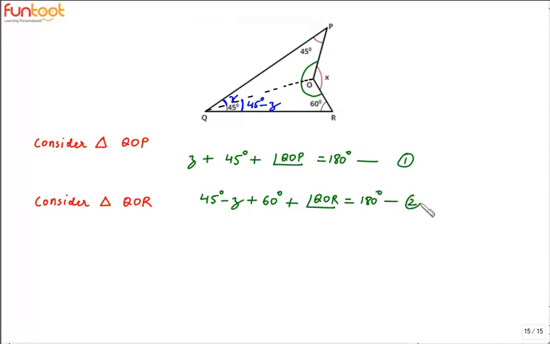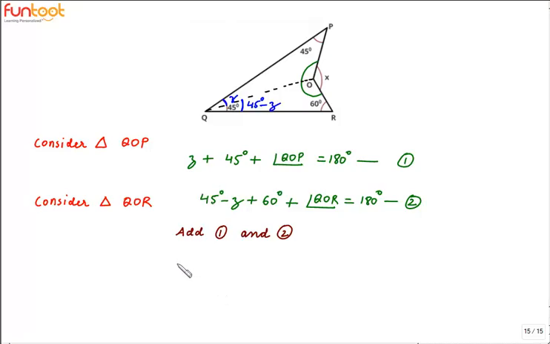Call this as second. Now here we have a very interesting thing in equations 1 and 2. If we look at the LHSs of 1 and 2, here we have plus Z and here we have minus Z. So we can very easily eliminate plus Z and minus Z if we add 1 and 2. So that is the next step we'll do. We'll add 1 and 2. So on adding 1 and 2, first we will add the LHSs.